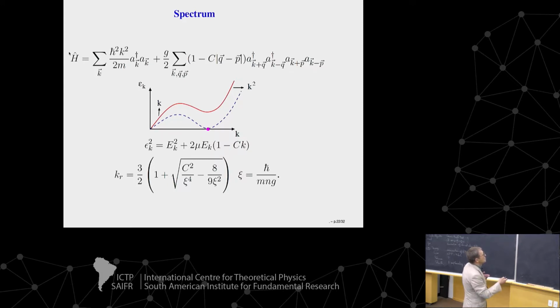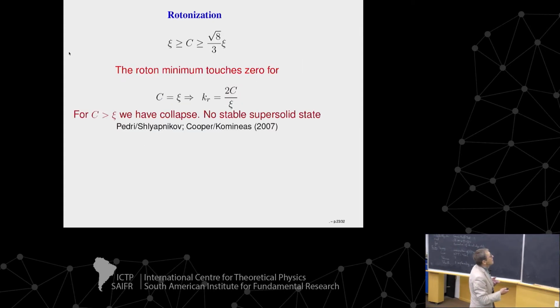And then the position of the roton follows from this formula, where psi is the famous healing length, which I introduced yesterday. Then, what is interesting is that rotonization occurs when c is larger than this number, which is larger than 1, multiplied by psi, and smaller than psi. And when the roton minimum touches 0, it does so for c equals psi, and then k roton is this.